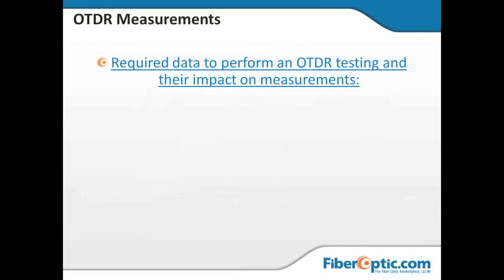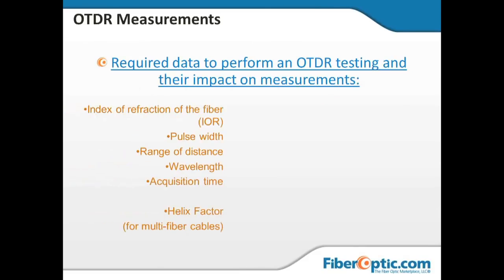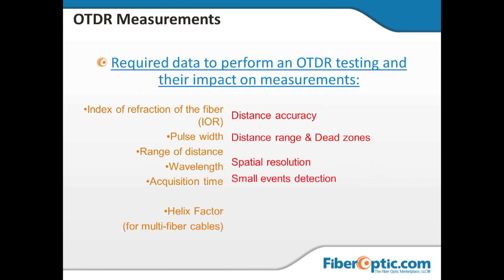All right, the required data to perform an OTDR test and their impact on the measurements. So index of refraction and pulse width is going to have an effect on your distance accuracy. Getting that pulse width and range of distance is going to have an effect on your distance range itself, as well as the dead zones with your pulse width. Spatial resolution all comes into play here.